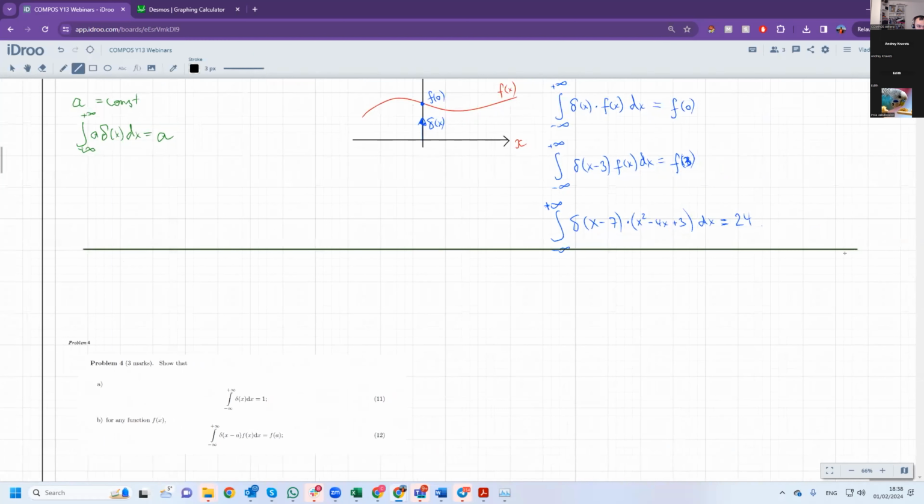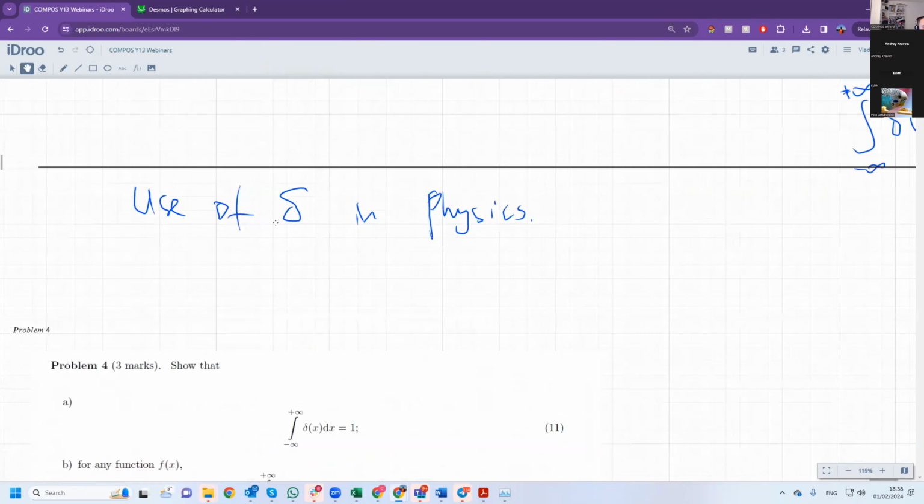So, use of delta in physics. For example, a point mass at x equals 4.